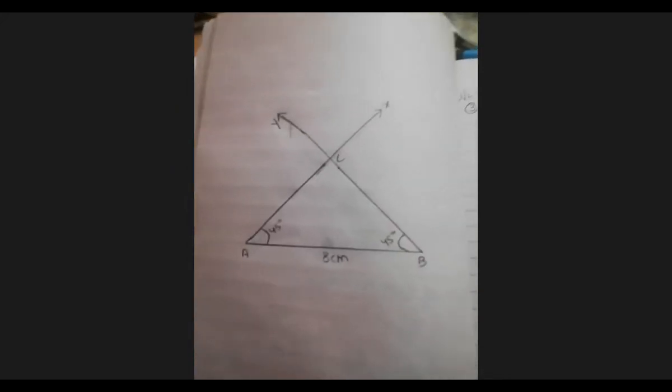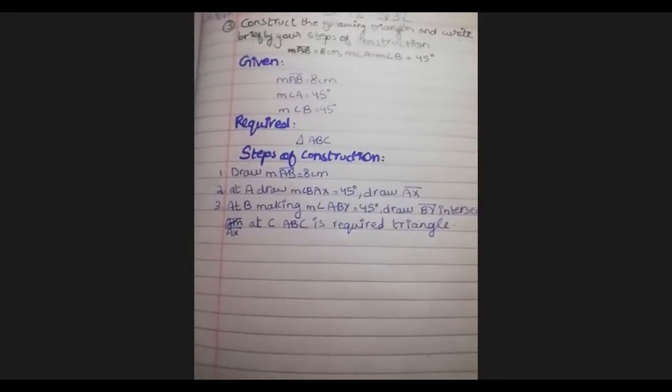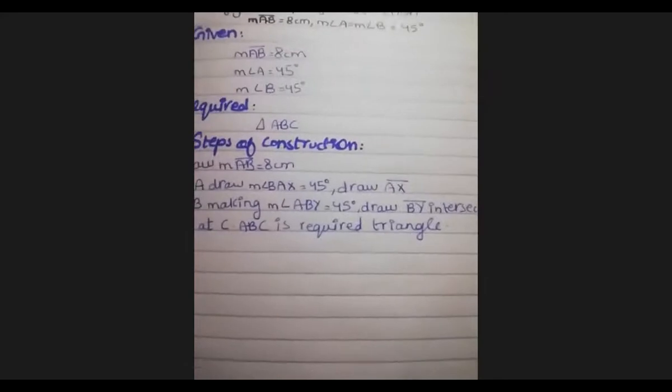Always write X and Y capital, okay? So BAX is equal to 45 degrees. Draw AX. Again, in steps of construction, make a ray over AX, okay? Make a ray over BY. Very good. So these are your mistakes.